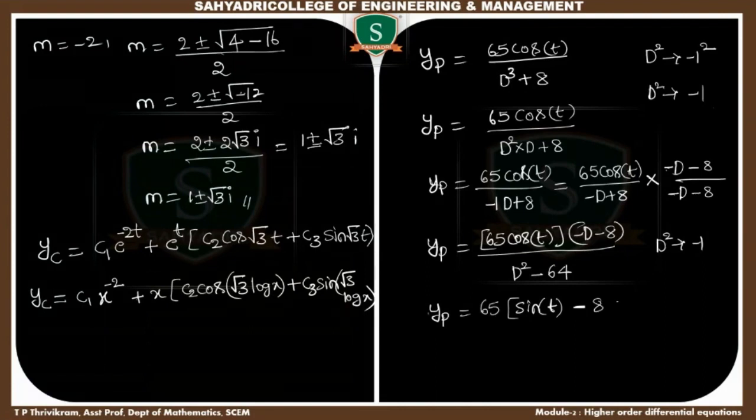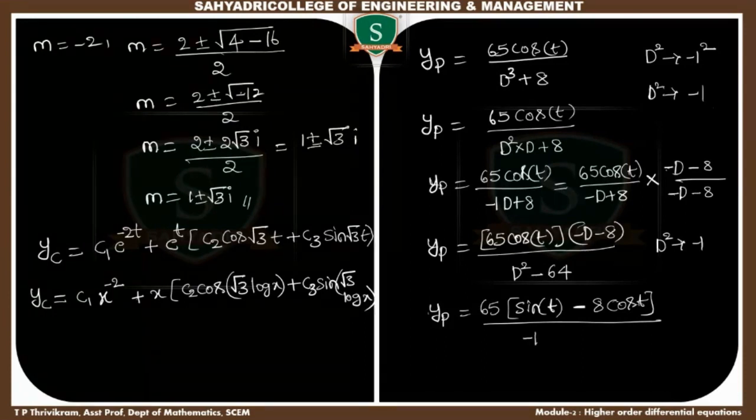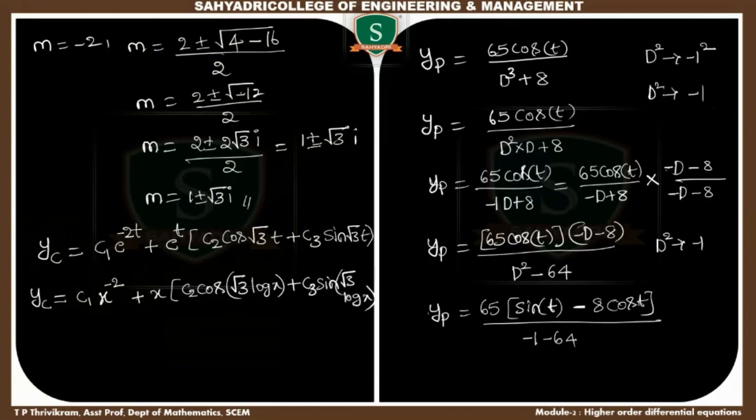So I'll get 8 cos t, divided by, in place of D square, replacing with minus 1, minus 64. So minus 1 minus 64 is minus 65. This 65 and this whole thing get cancelled, and the minus will be left. So yp is equal to, multiplying with minus in the numerator, 8 cos t.